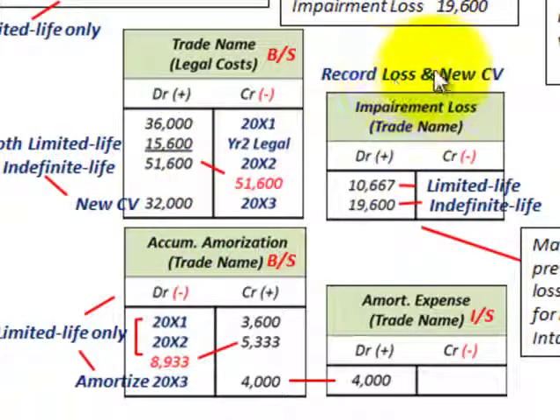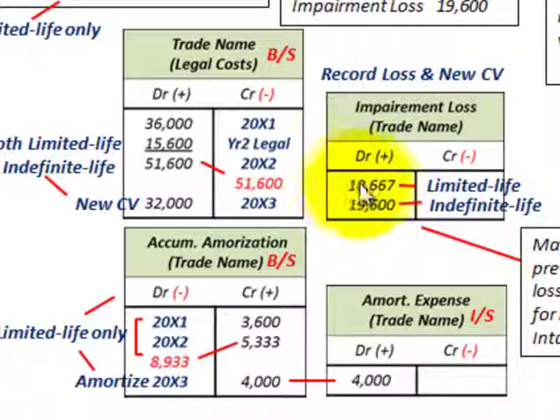So for our loss, first for our limited life, we would have debited our loss account. Anyway, we wouldn't have put both of these down here. I'm just saying one or the other. So for the limited life, we would have debited our impairment loss on our income statement for $10,667. And that balances with our other debits.